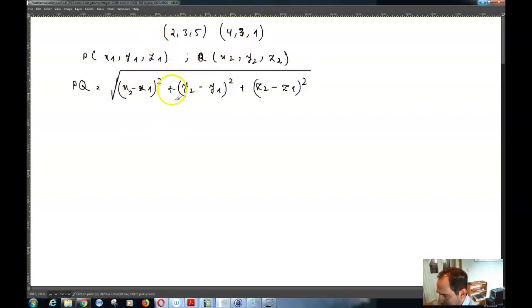Based on this formula, the distance between these two points, if I call them P and Q, would be PQ equal to the square root of (4 minus 2) whole squared plus (3 minus 3) whole squared plus (1 minus 5) whole squared.